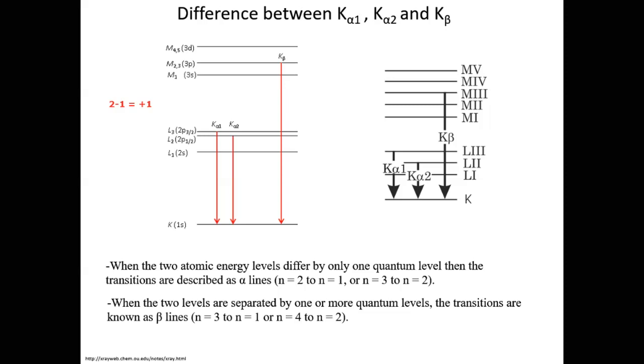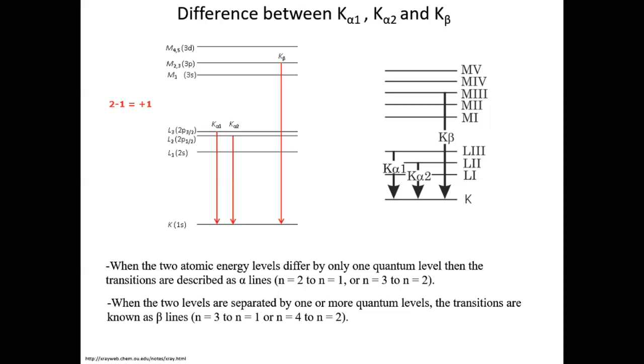And so that's why there's a transition from the 2p to the 1s, because in the second energy level, 2p is higher than 2s, so it's always going to remove from the higher energy orbitals first. And so K alpha 1 is from the 2p 3/2 level, and K alpha 2 is from the 2p 1/2. And if you notice on the previous slide, let me just go back because this is pretty cool.